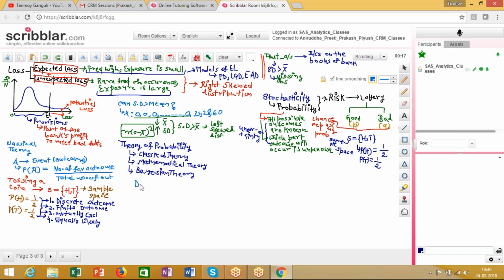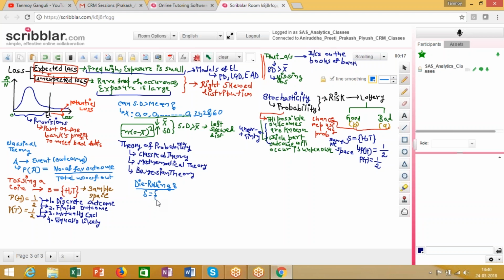So what happens in the die rolling example? You are given a die and you roll the die. In a die rolling case, the sample space consists of 6 outcomes.